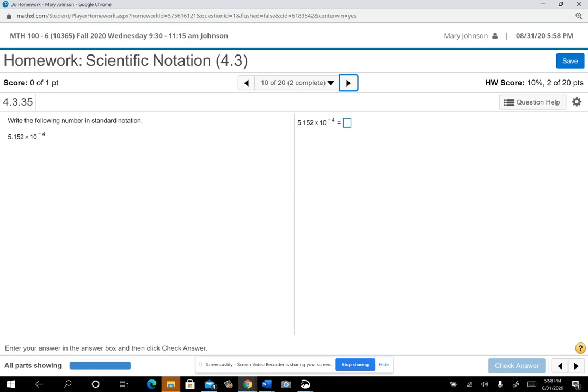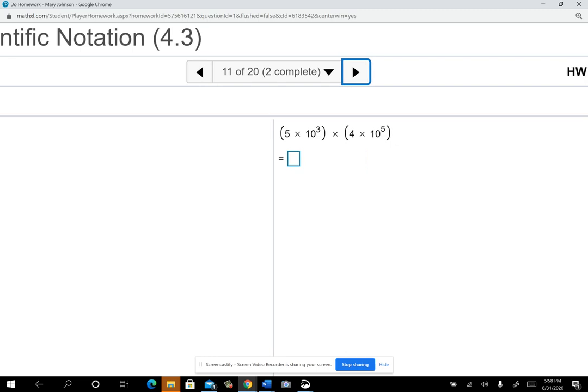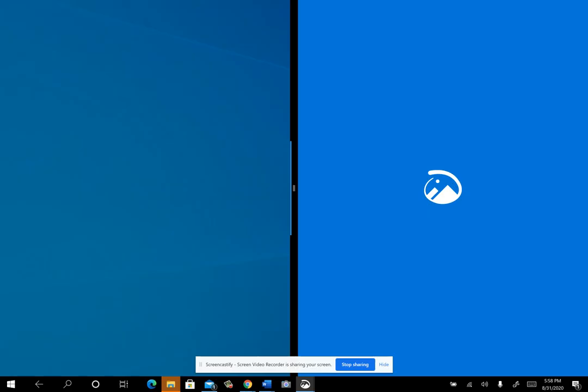So let's see, I wrote down that I wanted to look at number 11. Okay, yeah, this really gets at one of the hardest things with this. The whole point of having numbers that are really big or really small written in scientific notation is that when you get ready to work on them, you have a neat way you can approach them.